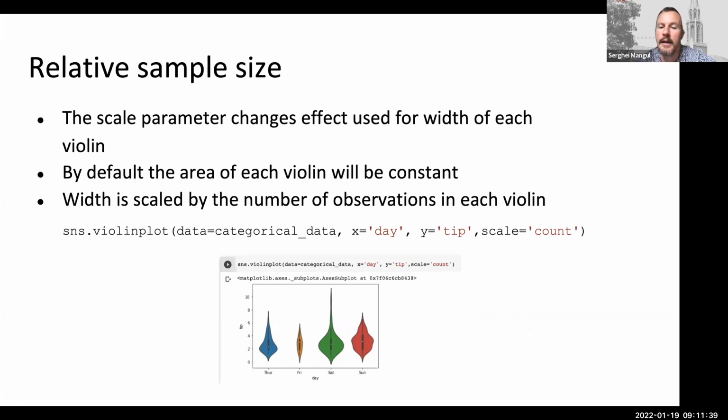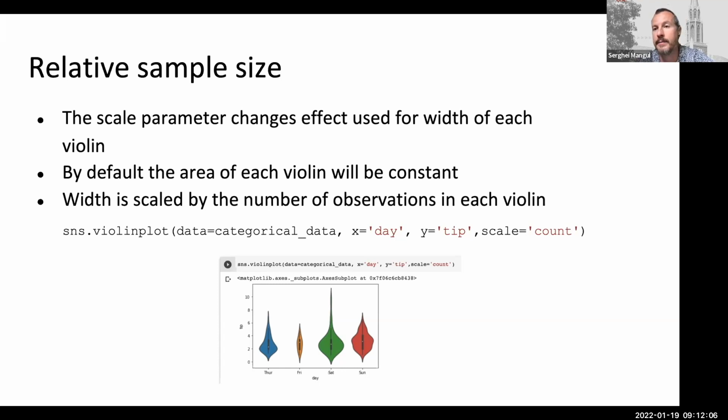You can show the relative sample size. Remember, sample size is the number of data points in that particular category, like the number of data points on Thursday, Friday, Saturday, and Sunday. And remember, when we looked at the strip plot, we observed that there was the least number of data points on Friday. Remember that? So can we show this here?